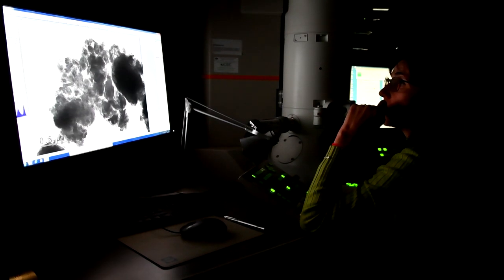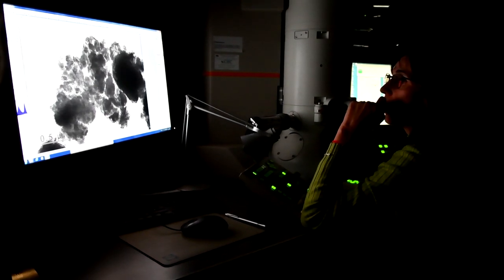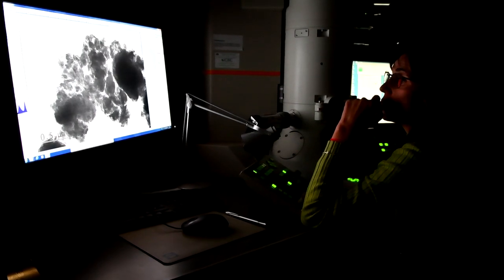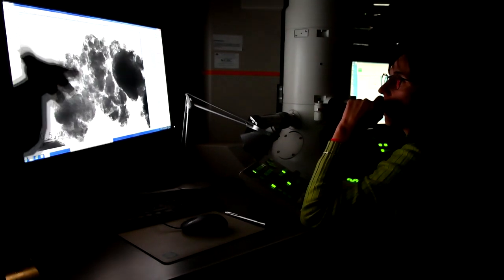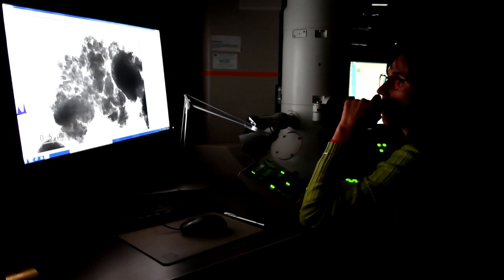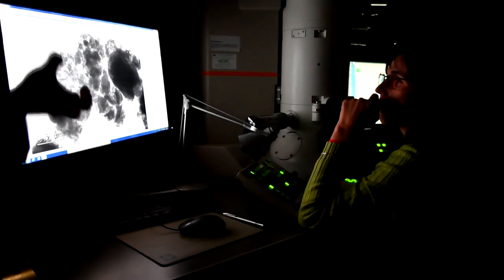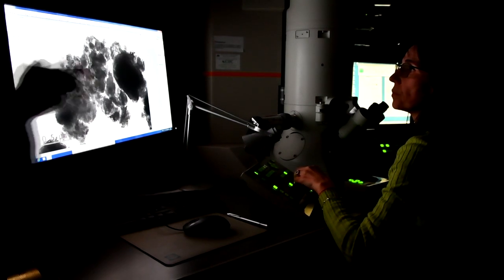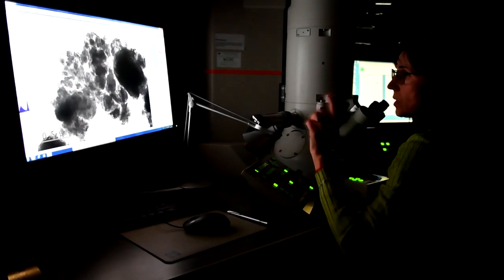It is very important for all colleagues that synthesize new materials. From here you take the information and give it to them, and they can consider how well they fix the shape and the structure. This is for the shape.